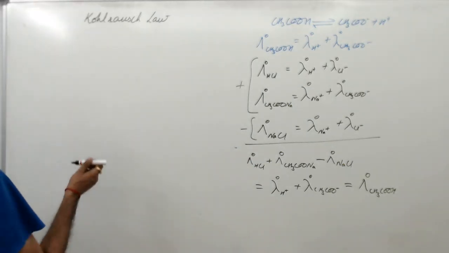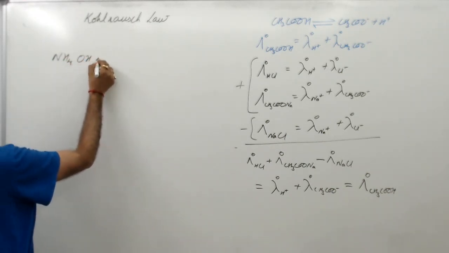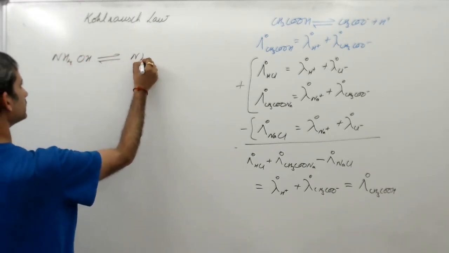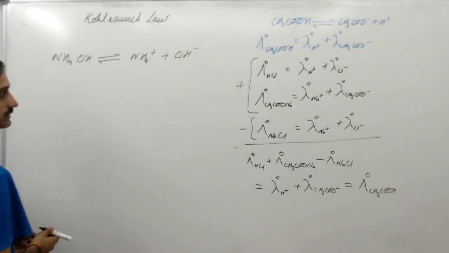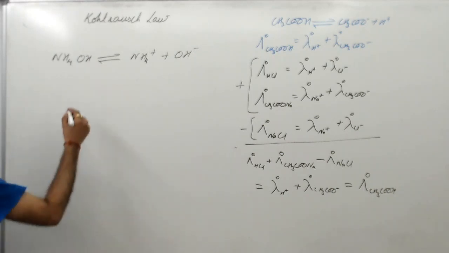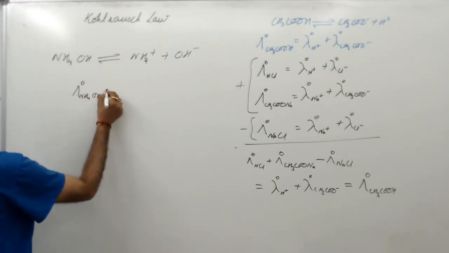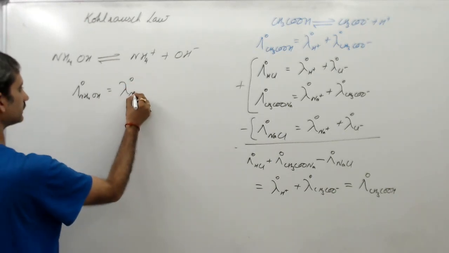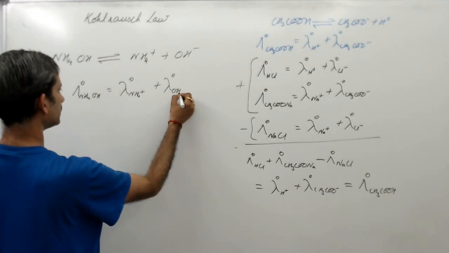If I talk about NH4OH, it is supposed to get dissociated to form NH4 plus and OH minus. So here, lambda naught of NH4OH will be equal to lambda naught of NH4 plus plus lambda naught of OH minus.